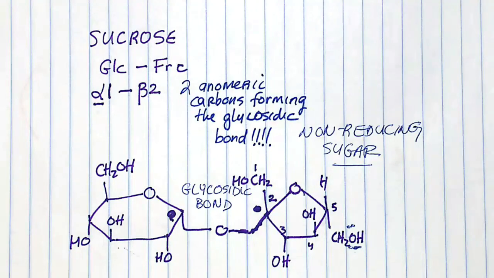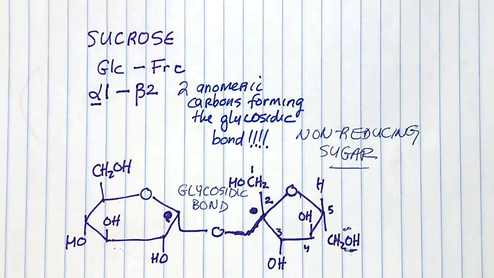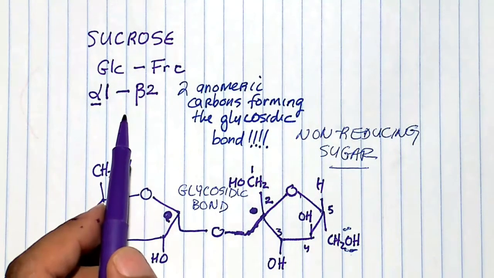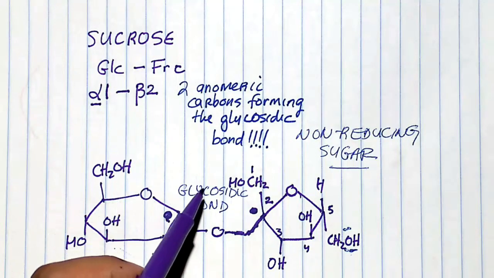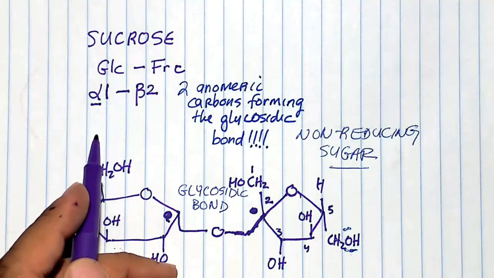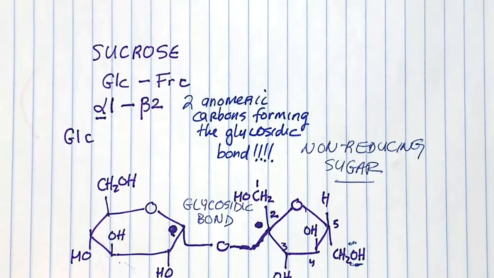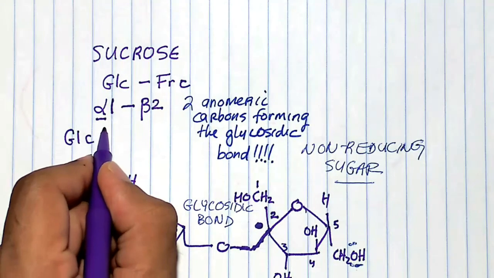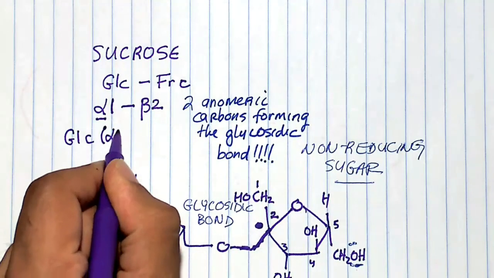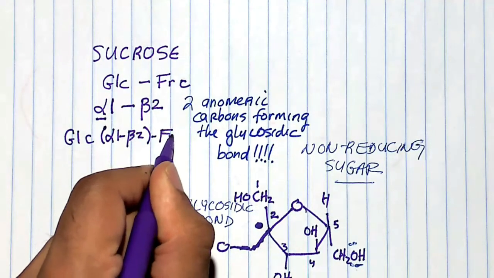Or in this case with lactose, we can go with beta 1,4. With sucrose, since both anomeric carbons are involved in the glycosidic bond, we have to designate both atoms as whether they are alpha or beta. So sucrose is a disaccharide of glucose in an alpha 1 beta 2 glycosidic bond with fructose.